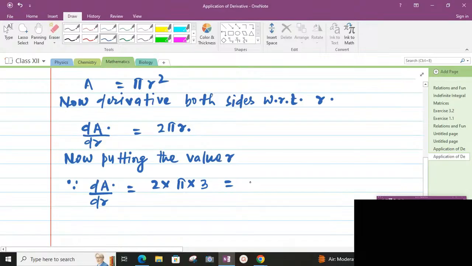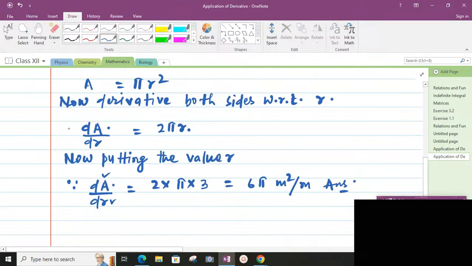Therefore this will be 6 pi, and the unit of A is meter square and the unit of r is meter. So this will be the answer of this question.